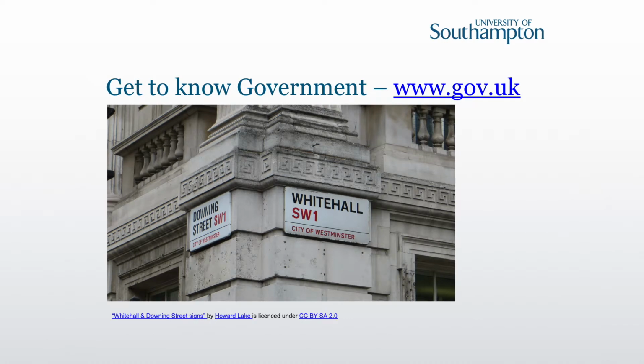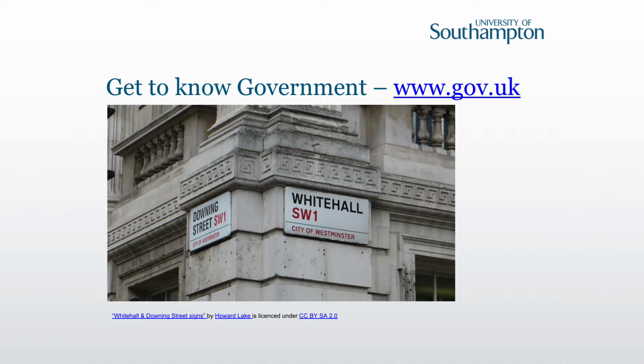Now, I don't like saying nice things about the government because it doesn't feel right, but one of the actually quite good things about the government is this website, www.gov.uk. When you first open it up, which I'll do in a minute, it has a list of services, which is clearly if you are a member of the public and want to know how to pay your tax or to tax your car or to do various things.